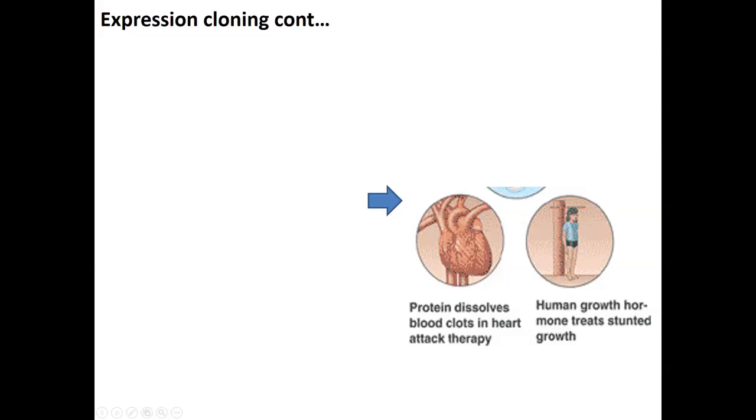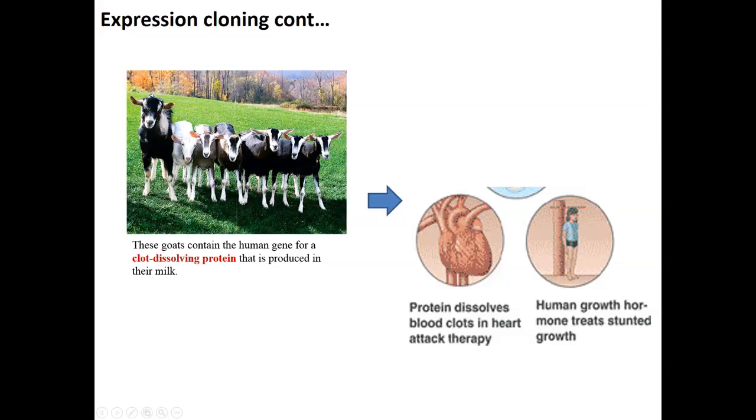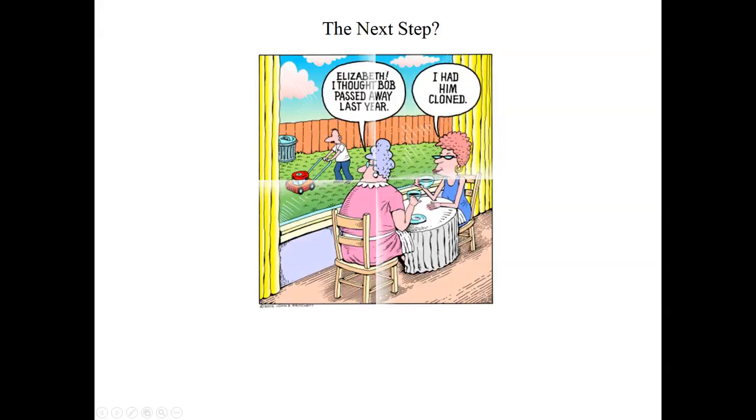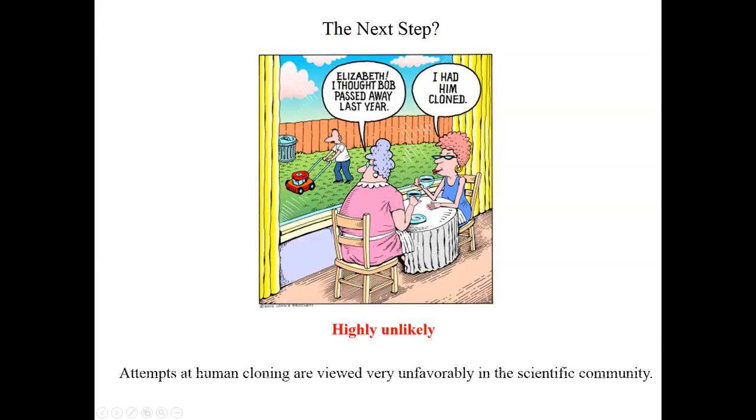Okay, and then they have sheep that synthesize the human clotting factors, and so forth. And that would possibly be the next step. I don't think it's going to happen because it's really unlikely to occur. It's human cloning. But anyway, I just think you should know the cloning techniques.